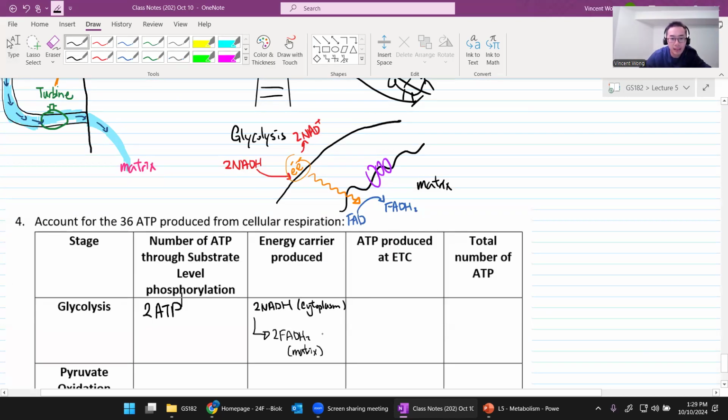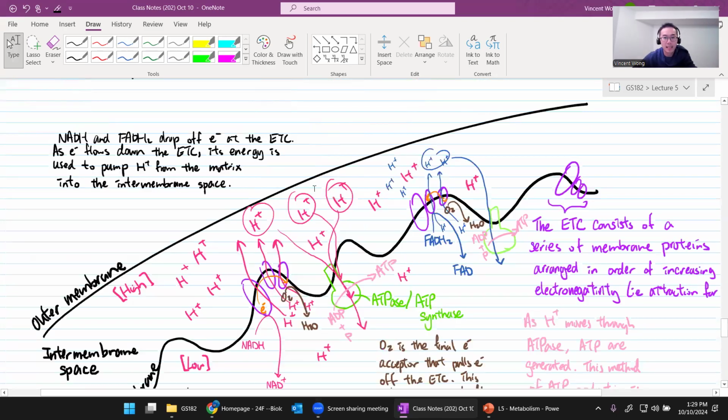Okay, and then the FADH2 will take the electron to the ETC the rest of the way. Now, stay with me, please. Once it gets to the ETC, then it's this stuff that we discussed. It's going to flow down the ETC. We're going to pump the H plus over, creating a dam. When they come back in, that's how we get ATP.